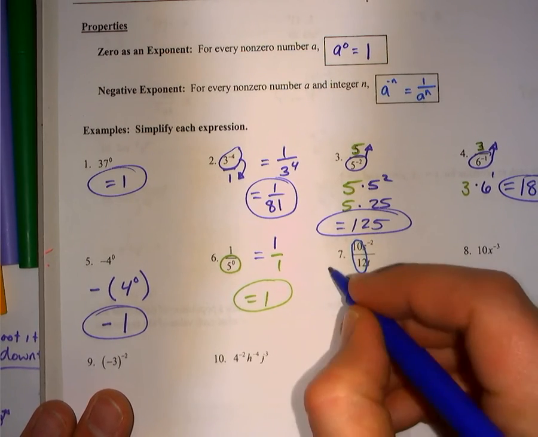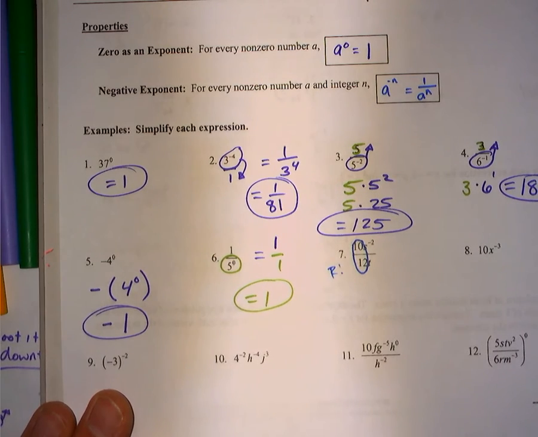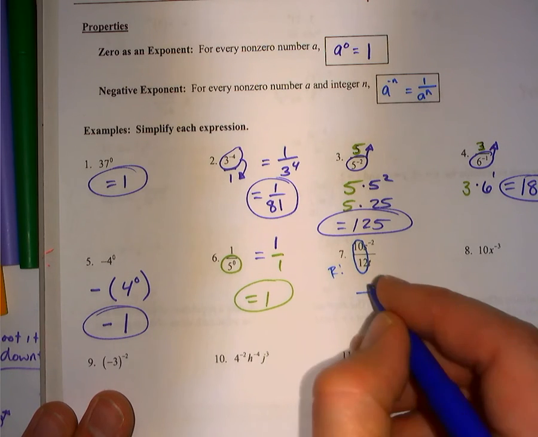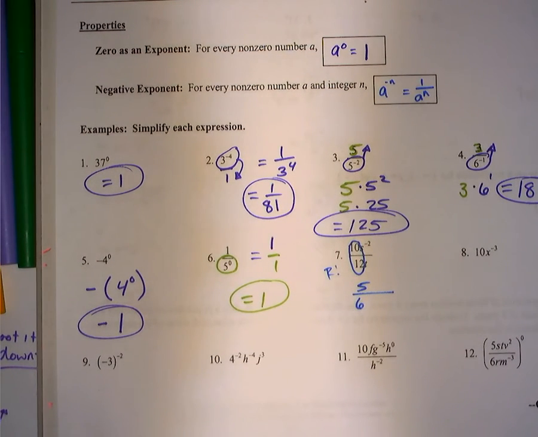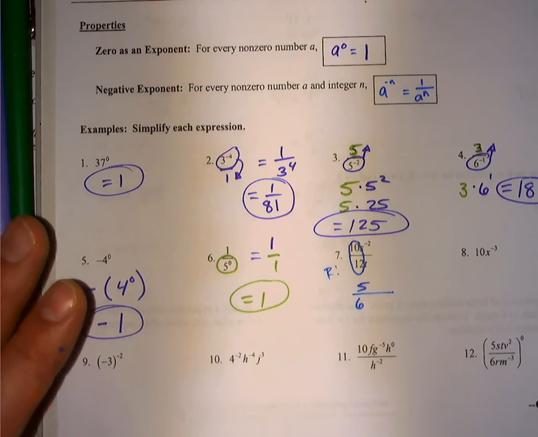I want to reduce that if I can. Arr, for you pirates out there. What's 10/12 reduced? Will, what do you get? 5/6, reduced by 2. We get 5/6. If you're bad with fractions, take 10 divided by 12. Press enter, math frac. We get 5/6.